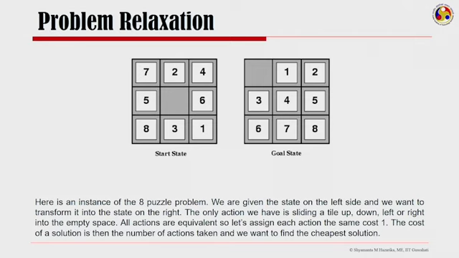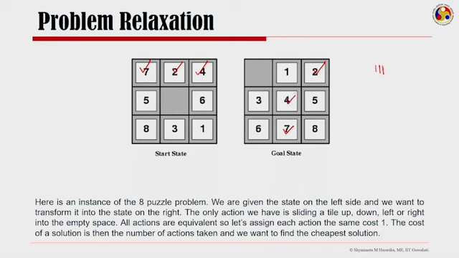So in this problem, in a relaxed state, if I could pick them up, I would love to have 7 picked up and put here. That's one operation. I would love to pick up 2 and put there. So that would be another operation, 1 plus 1, 2 operations. I would love to pick up 4, put it here. That would be 3 operations.